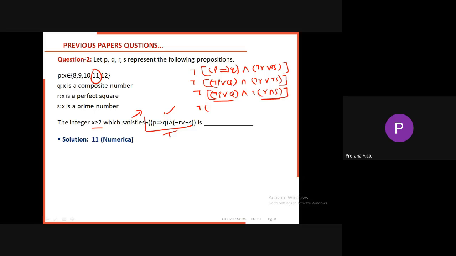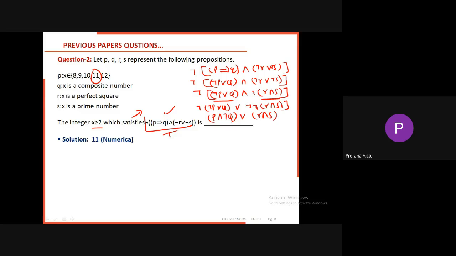So negation of (negation P or Q) becomes P and negation Q, and this is negation of (R and S). Here it is double negation, so we will get it as R and S. So now this is the simplified expression.